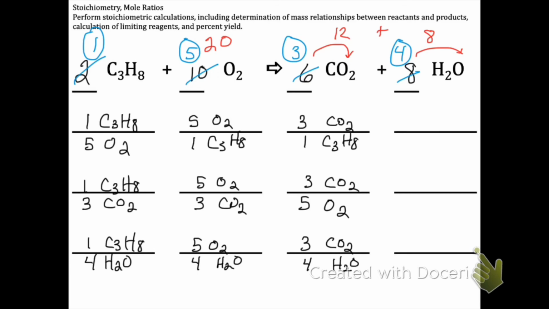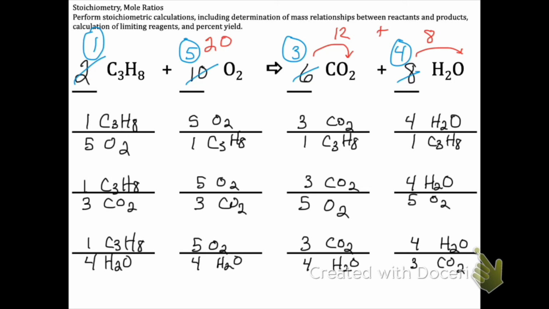And then finally, our last possible combination, 4 water need 1 C3H8. 4 water need 5 oxygen to form. And then 4 water would need 3 carbon dioxide.